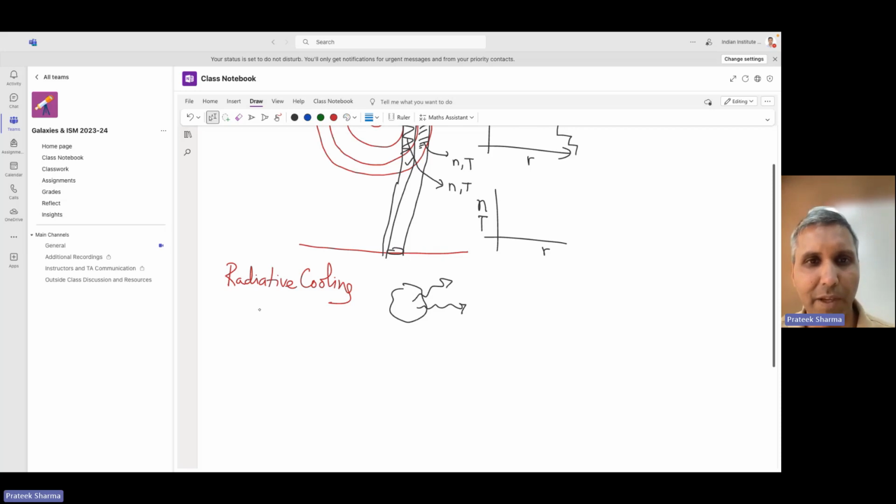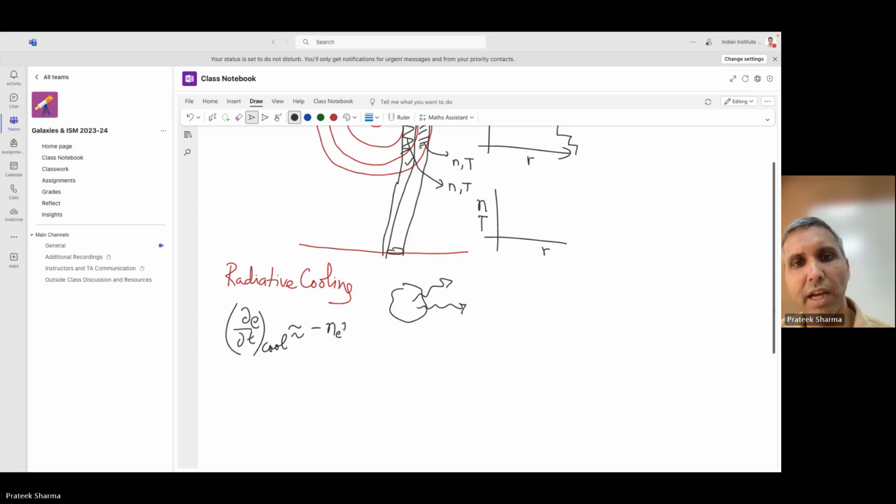leak out immediately. So the rate of change of internal energy due to cooling can be approximated as minus n_e n_i Lambda(T). Right? Cooling processes of the kind that we're talking about are two-body processes.